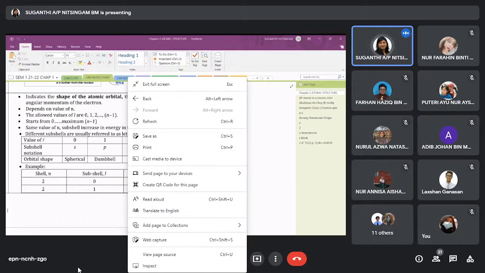Orbital ni adalah kemungkinan besar kawasan yang kamu boleh cari elektron. Kalau dia different energy, orbital size pun different. That's why you have learned there is S, P, D, F kan. Kalau S, energy level dia rendah sikit. Kalau P tinggi and D lebih tinggi. So now you are going to learn how to write the orbital diagram.